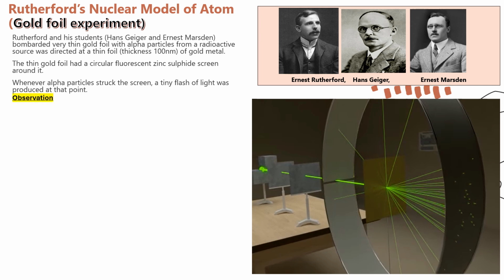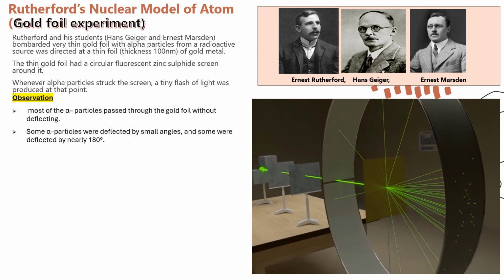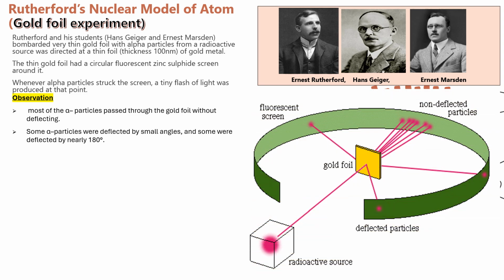He expected that the alpha particles would slow down and change directions only by a small angle as they passed through the foil. But he observed that most of the alpha particles passed through the gold foil without deflecting. Some alpha particles were deflected by small angles and some were deflected by nearly 180 degrees.